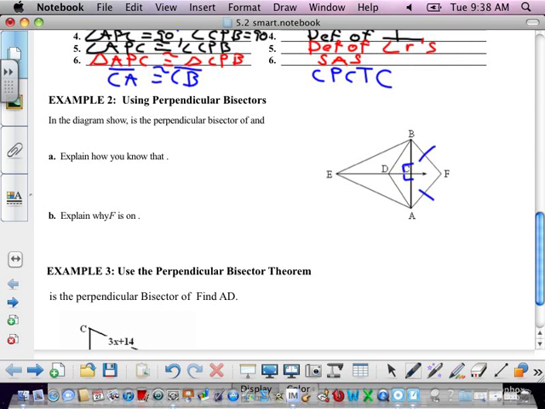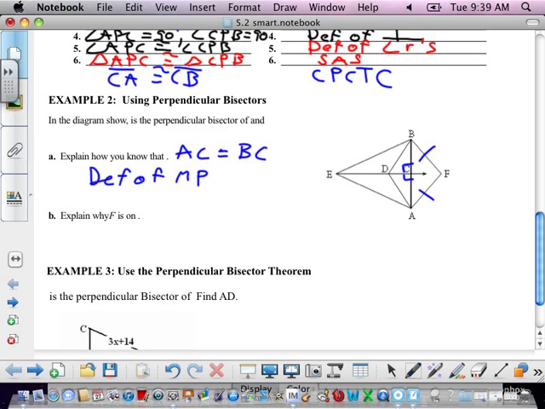Explain how we know AC is equal to BC. How is AC equal to BC? Definition of a midpoint. Is MP okay for midpoint? I'm just abbreviating.